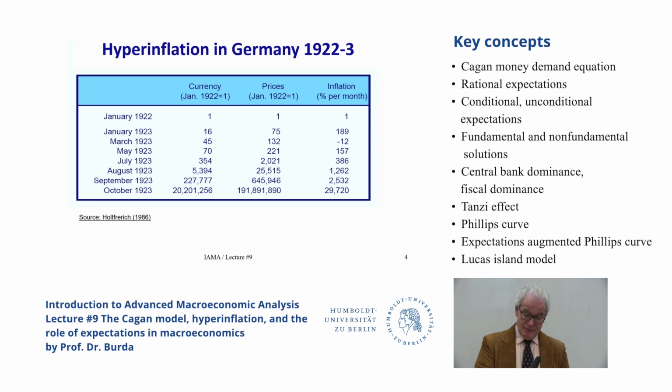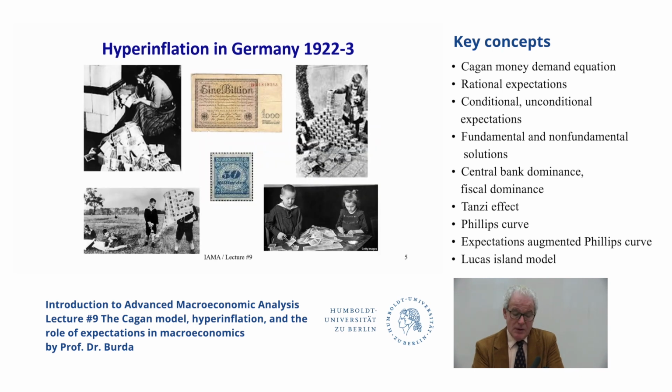And again, thinking of hyperinflation as a situation where the price level is literally increasing by 50% or 100% every month, you can see that this was definitely realized in the year 1923. And the inflation rate that you can derive from that is shown to the right. Okay, and towards the end, the price level is rising so fast that the money has no value in terms of purchasing power.